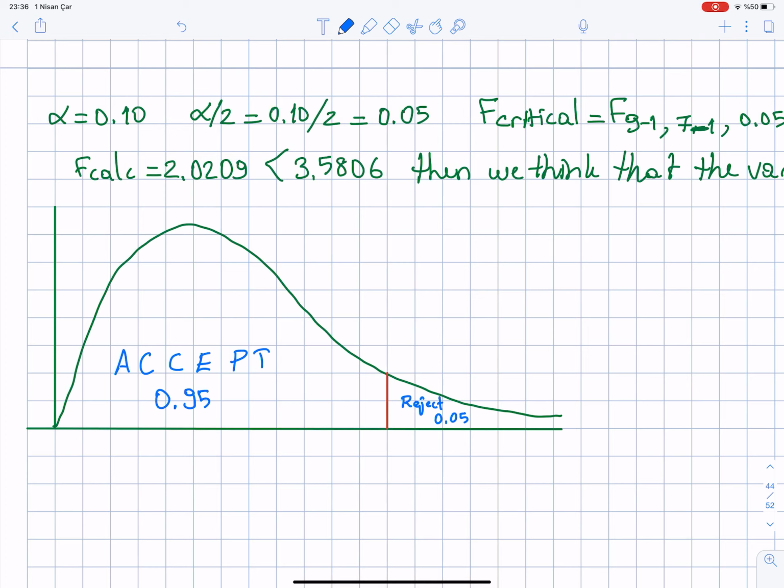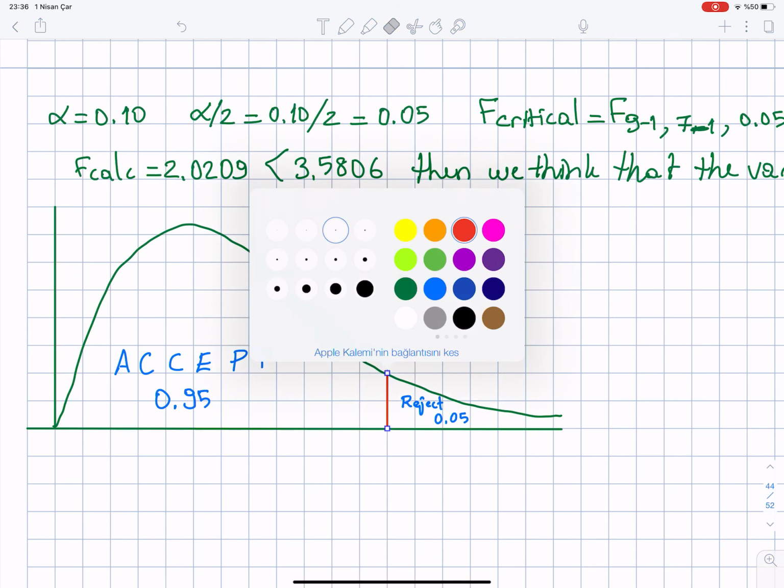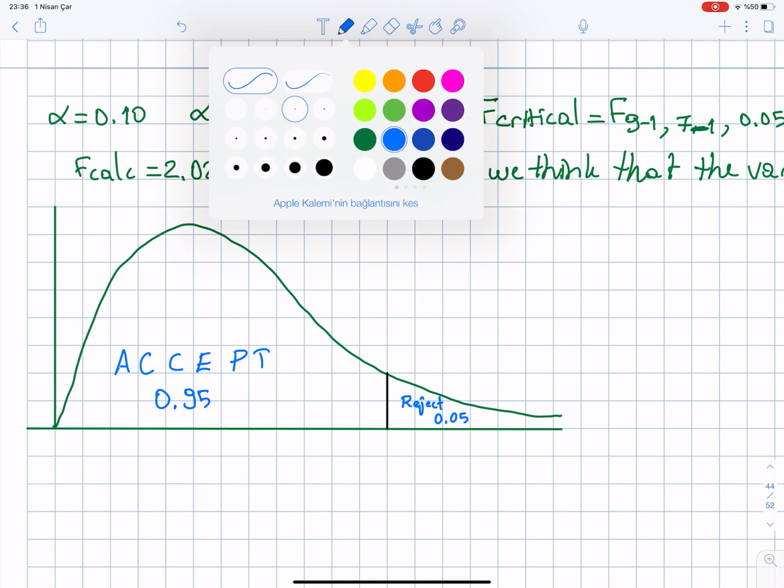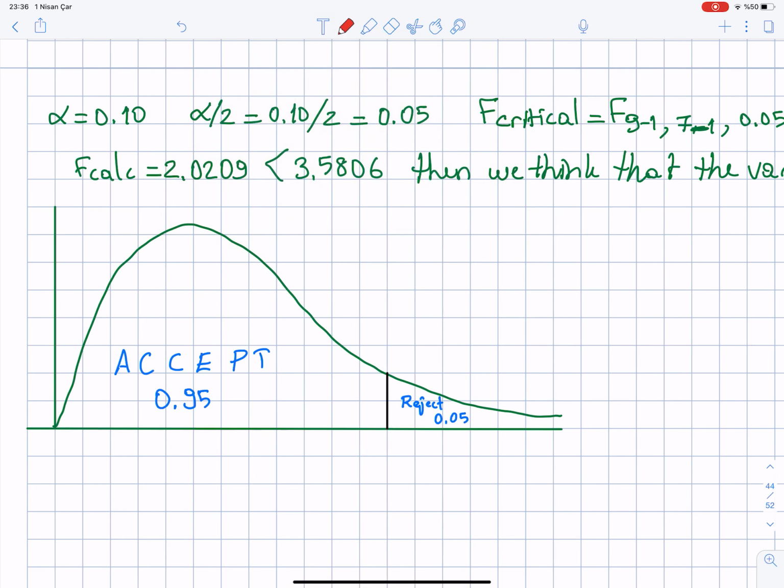Okay, in this case, our statistic, let me change this color. This is black, and the calculated statistic I'm going to have in red, just to show you that this is not falling within the rejection part. The calculated statistic, 2.0209, is falling outside the rejection region.